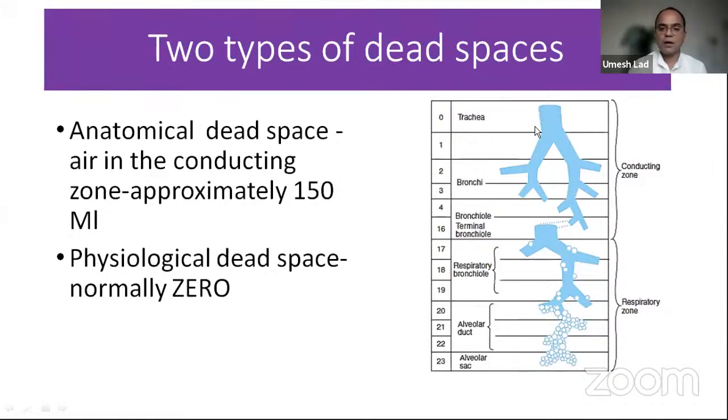Here also the air is being filled. But when we start exhaling, this air doesn't come out first. Which air will come out first? The air which is in the trachea, the bronchus and these conducting zones. So this air will go out, followed by the air from these other zones.